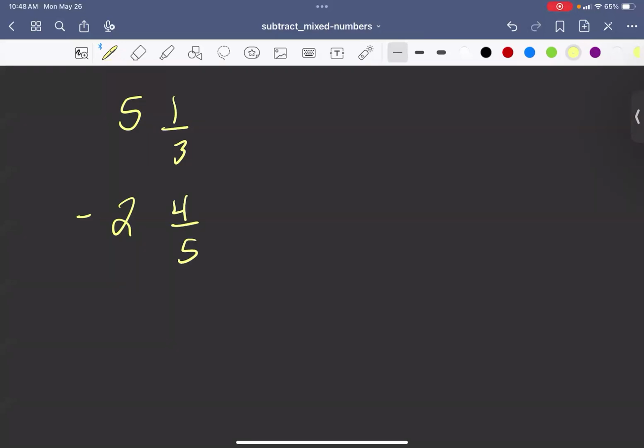When we find the least common multiple between 3 and 5, we get 15. So we're going to divide and multiply. 15 divided by 5 is 3. 3 times 4 is 12. 15 divided by 3 is 5. And 5 times 1 is 5.